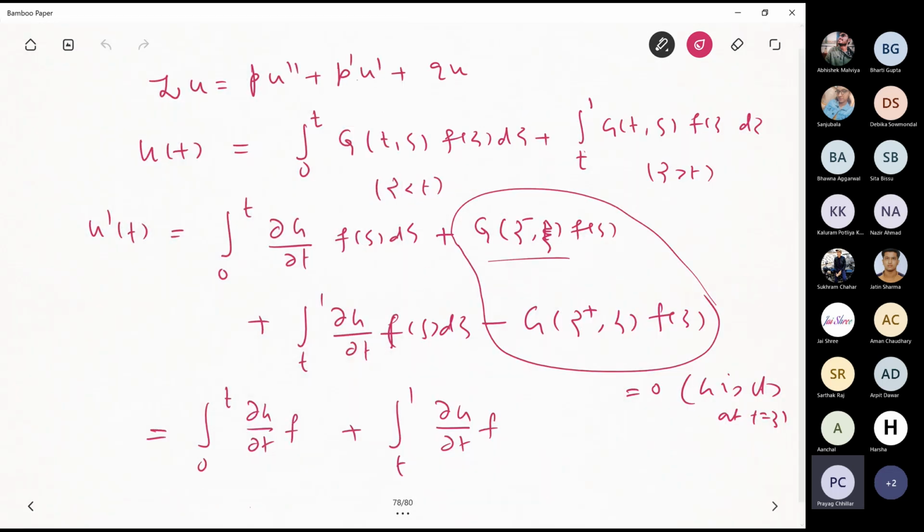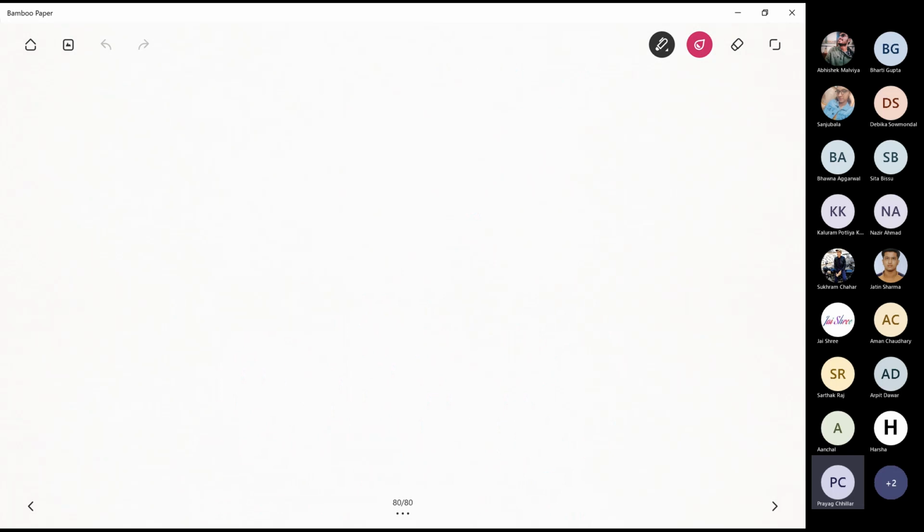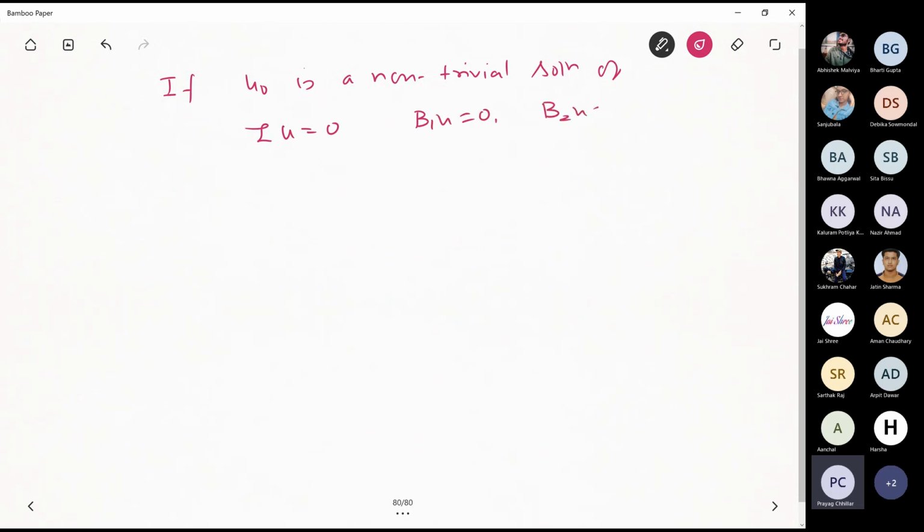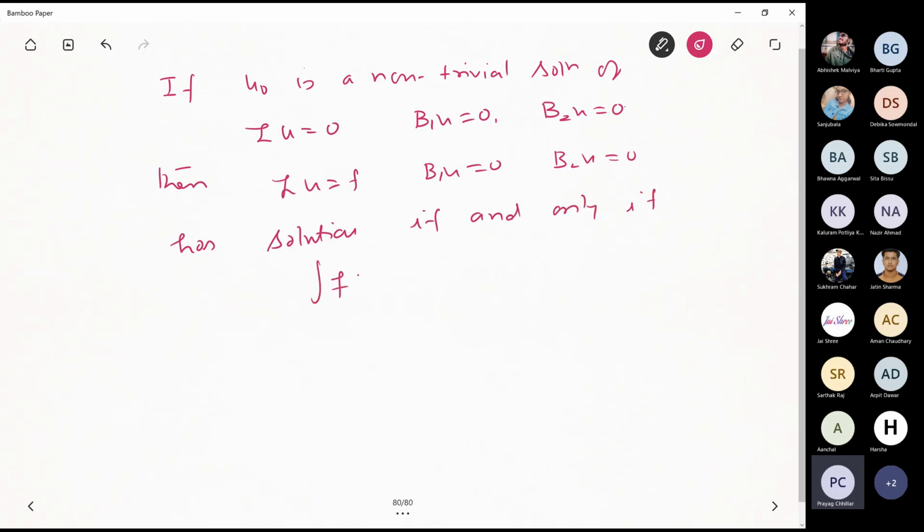If u naught is a non-trivial solution of Lu equals 0 with b1u equals 0 and b2u equals 0, then the non-homogeneous equation Lu equals f with b1u equals 0 and b2u equals 0 has a solution if and only if the integral of f times u naught is 0.